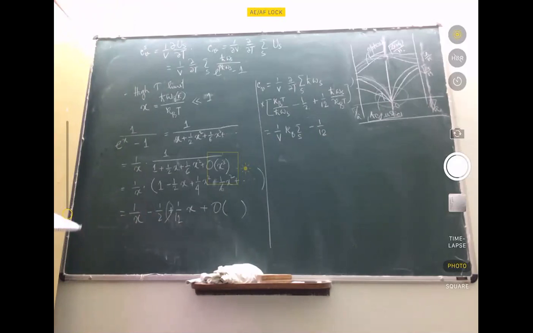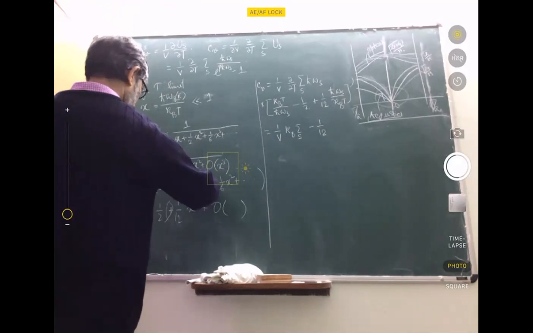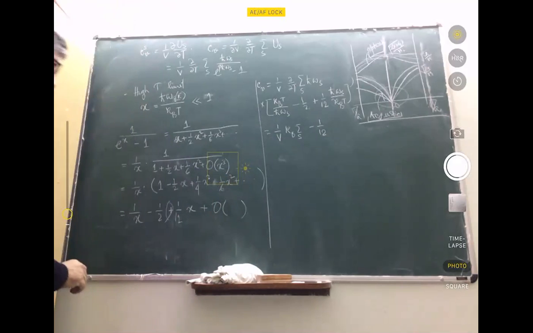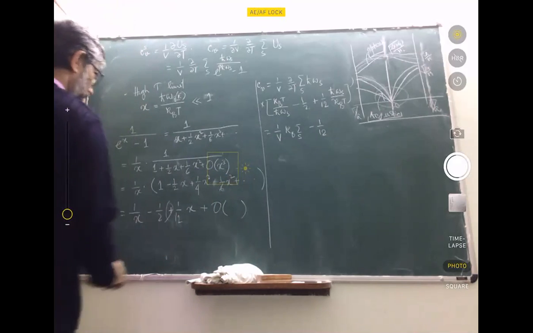You have taken x common, so x square over 6 should be x over 6. Yes, yes. And the other term is not there, x by 2.